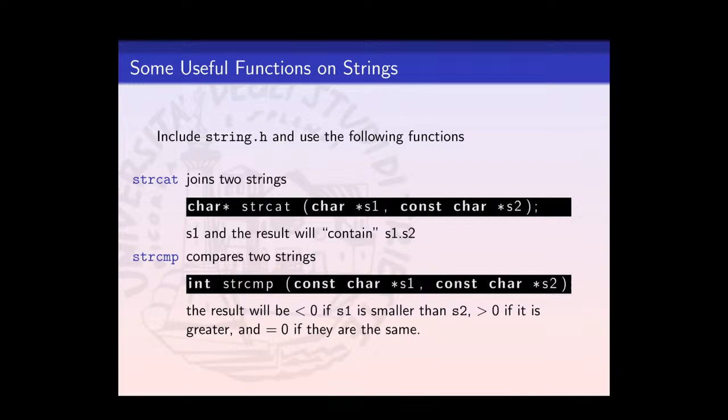So usually the comparison functions in the C programming language and the C++ programming language use this convention. Instead of returning true or false, a comparison function returns an integer value whose negative result corresponds to the first parameter being smaller than the second one, 0 corresponds to the first parameter being equal to the second one, and a return value greater than 0 corresponds to the first parameter being greater than the second one.